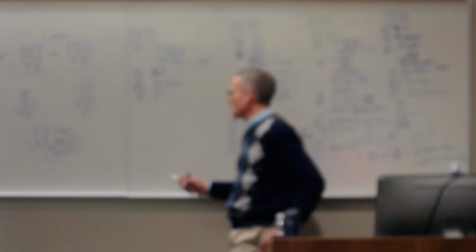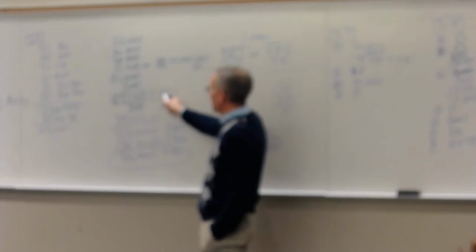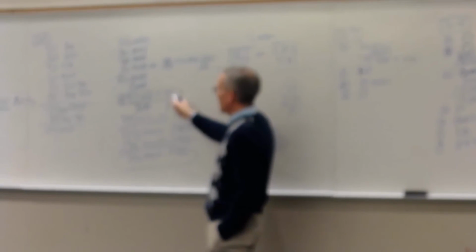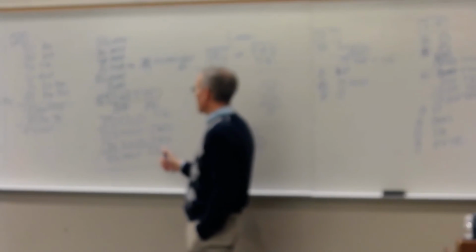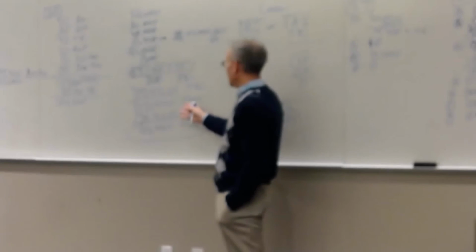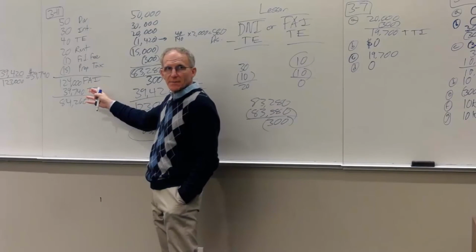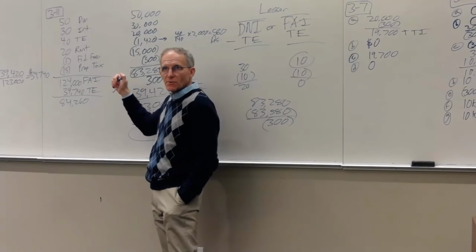The point I'm trying to make here is that you take your tentative taxable income and you have to subtract out the lesser of modified DNI or modified fiduciary accounting income, whichever is the lesser of the two.